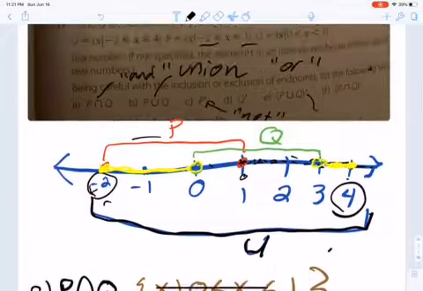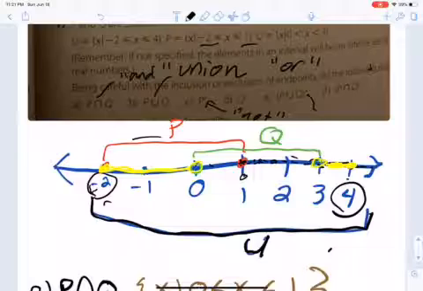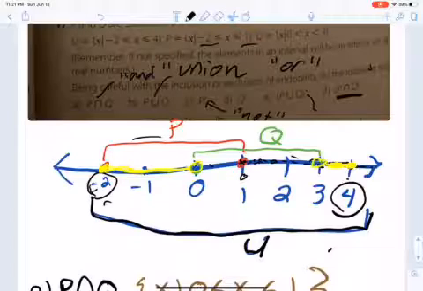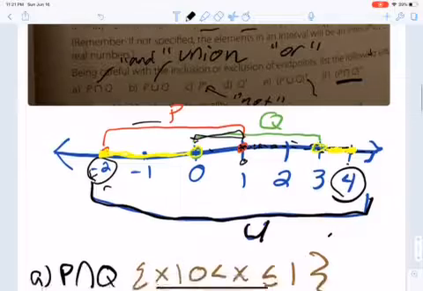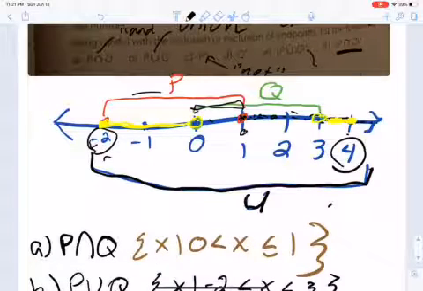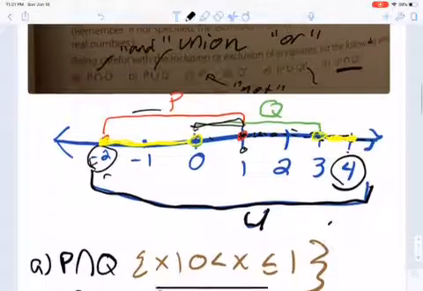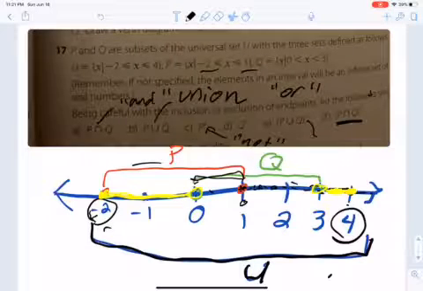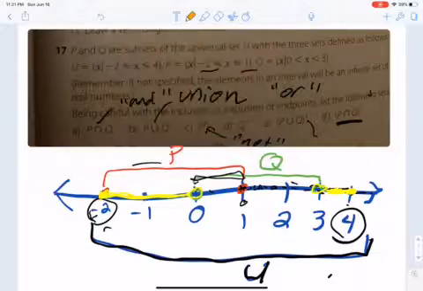And there's one more, F, not in P and Q. So P and Q is what we talked about earlier. Remember, that was from 0 to 1. Let's see if we can do this maybe in orange.